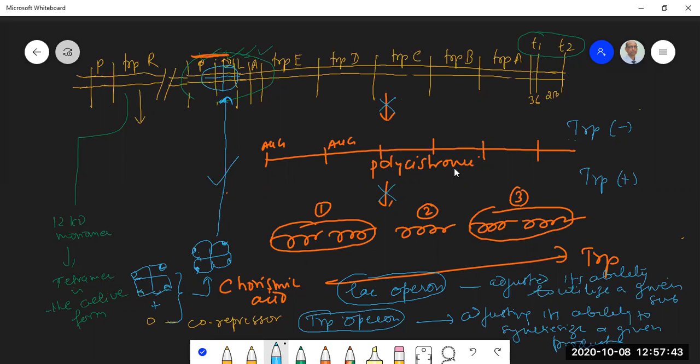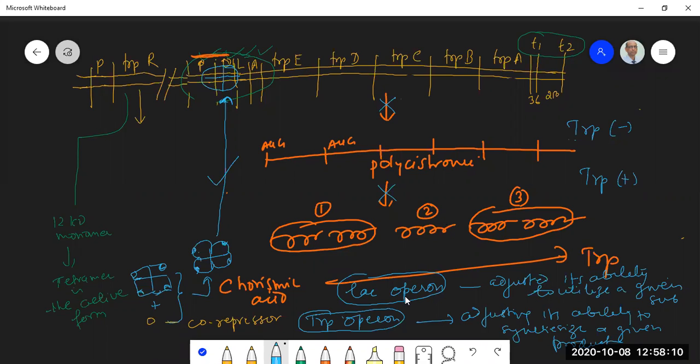So you have to memorize this, understand this, repeat it, practice it, and then you'll understand. These are two different models of gene regulation in bacteria. Lac operon is an inducible operon, and trp operon is a repressible operon. Tryptophan, the product, serves as a co-repressor. In case of lac operon, lactose, the substrate, acts as an inducer, right?